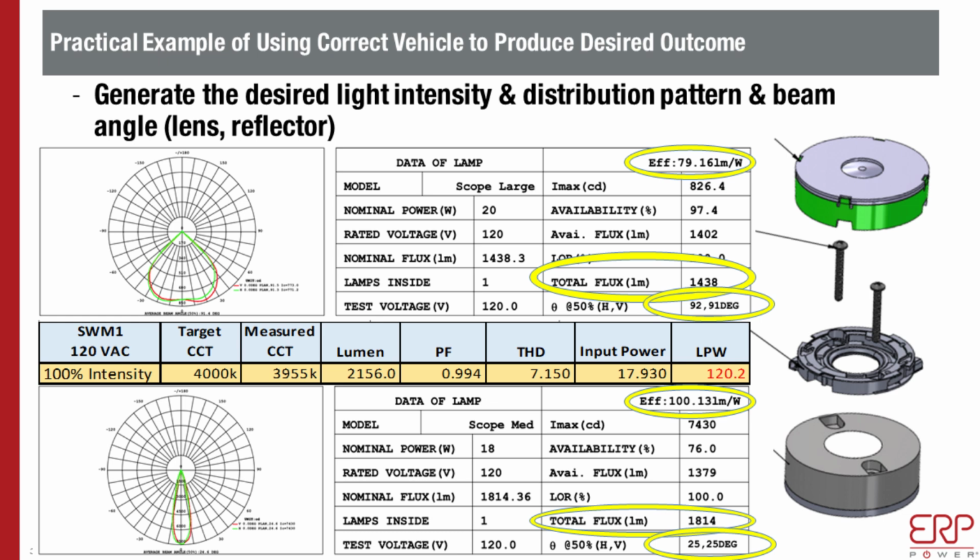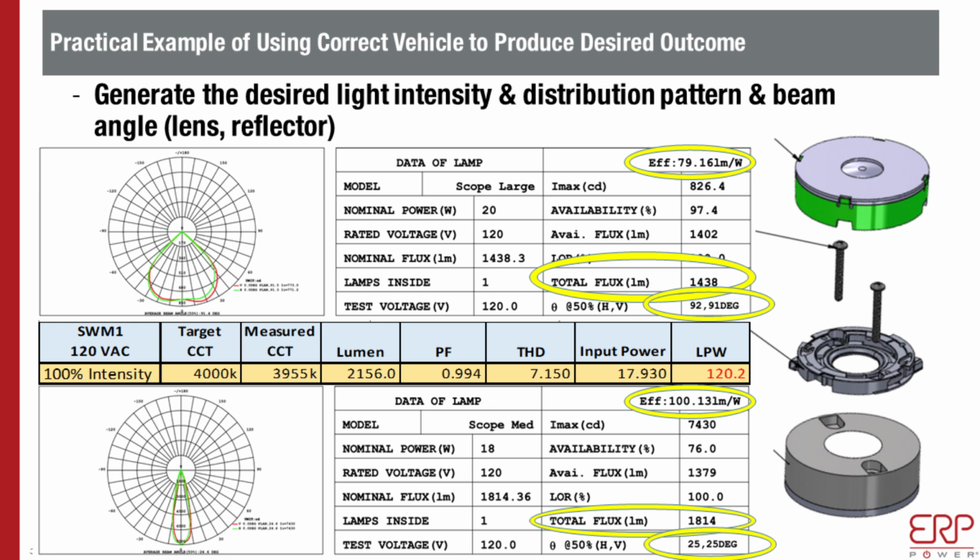The issue was that the LPW was, by the way, at the system level, not on our modules. Let's say the module was 100 LPW and they came up with about 79. The total flux was about 1400, but worse than anything else, notice that the beam angle is 92 degrees, which is fairly wide.